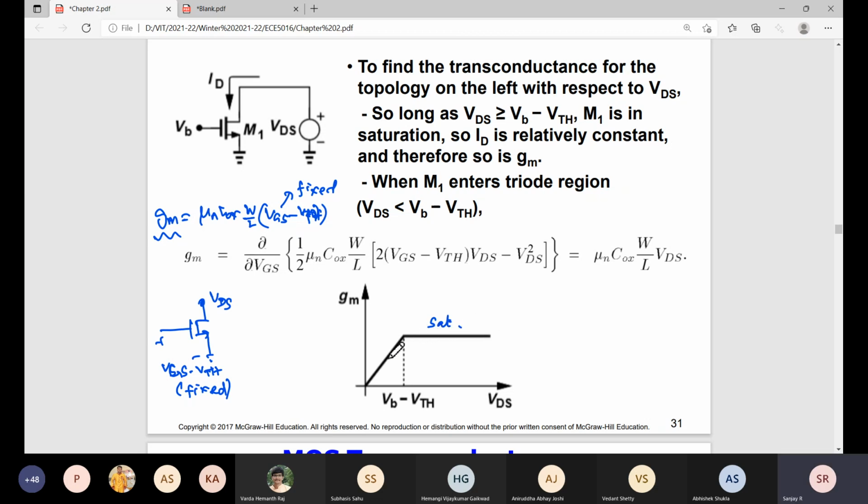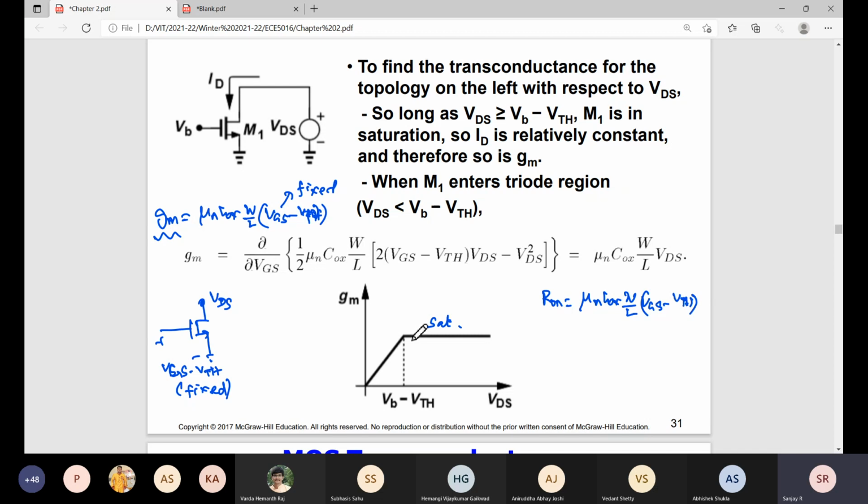But in the triode region, GM will definitely decrease, because in the triode region GM depends on VDS as well.